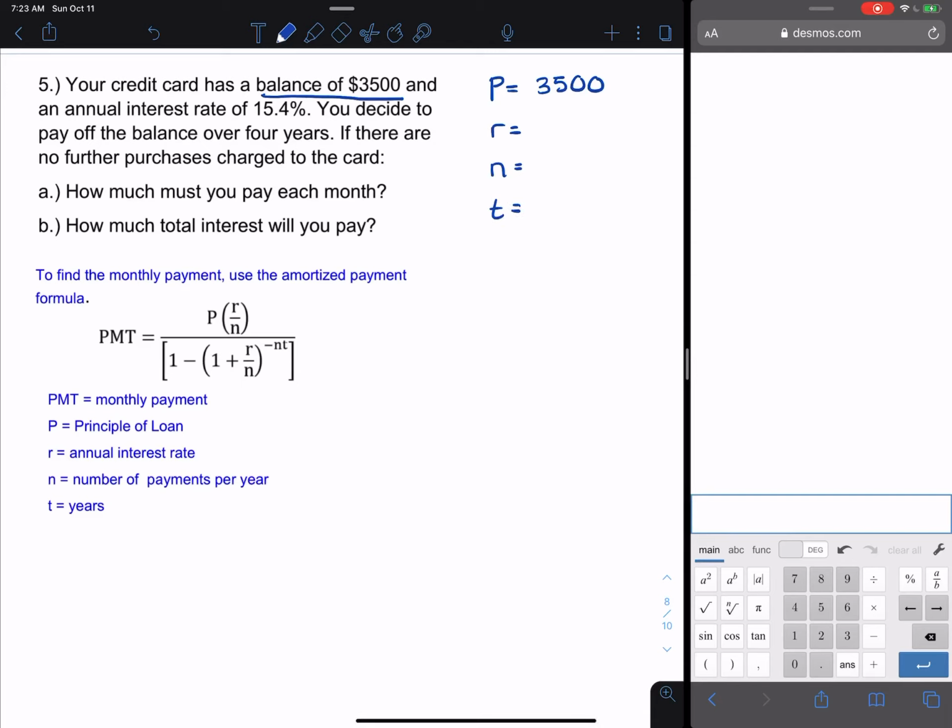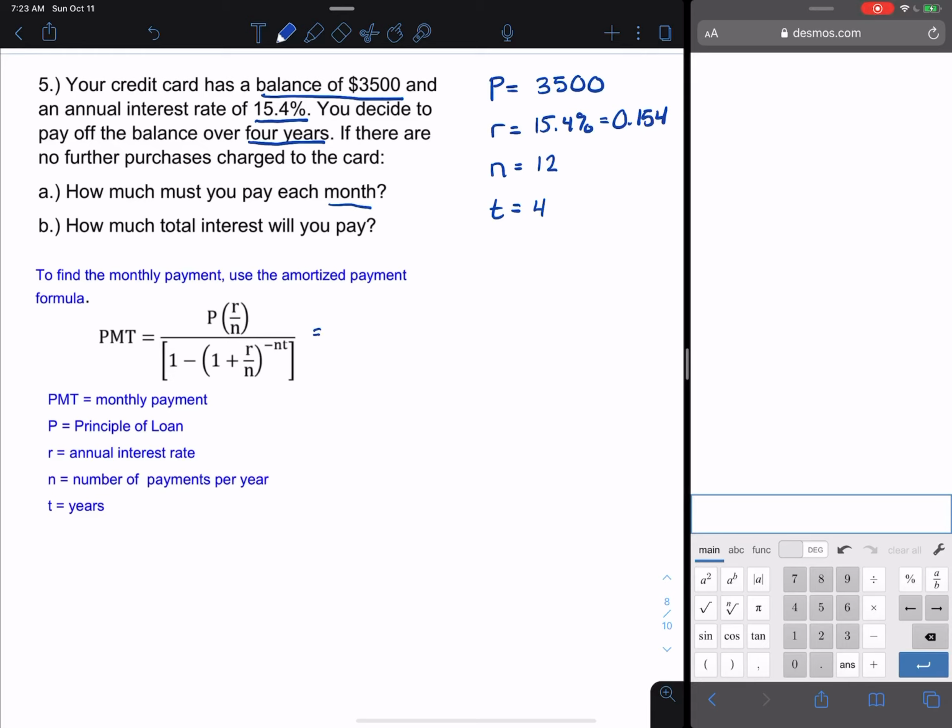They tell us it had an interest rate of 15.4%. We divide that by 100 to get it in decimal form, so that's 0.154. And we decided that we're going to pay it off over 4 years, so the time is 4. And notice we're paying each month, so our N is 12.